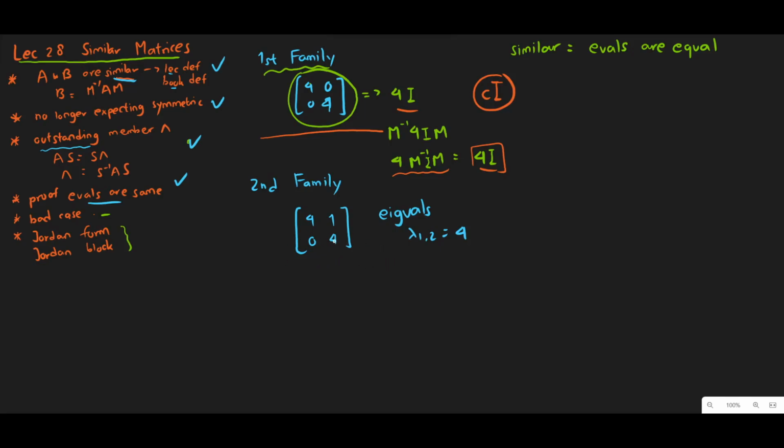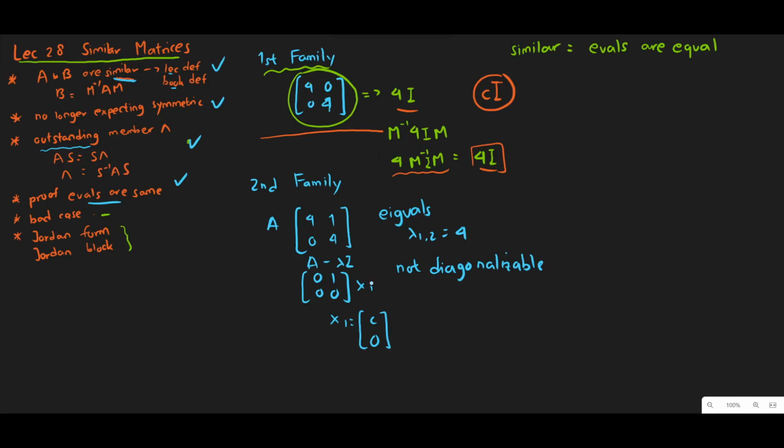If you do the computation in your head quickly, A minus lambda I gives 0 1 1 0, no, this one, and then you have this eigenvector which is only 0 times some constant. So you only have one eigenvector, therefore this is not diagonalizable.